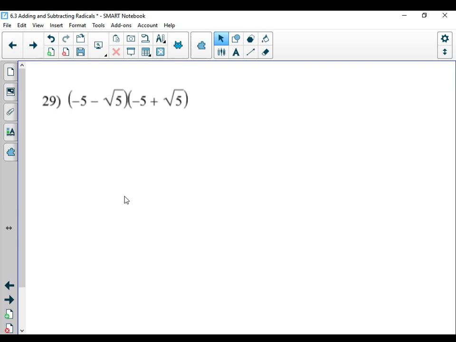So there's a reason why I picked this problem. You get just a normal number, I hope.